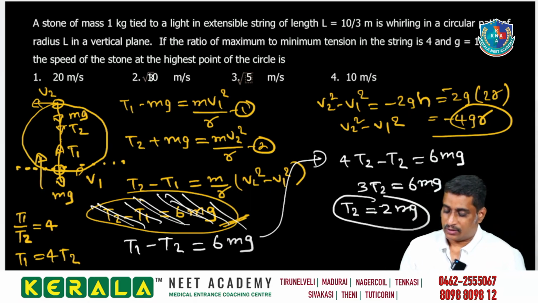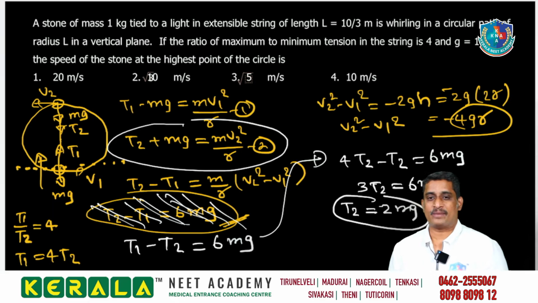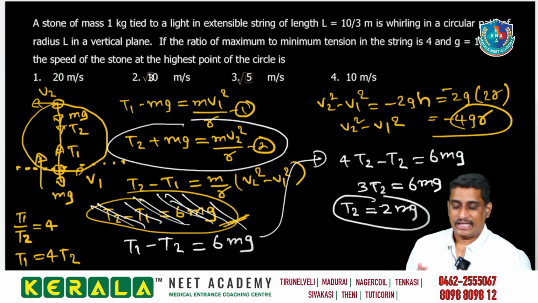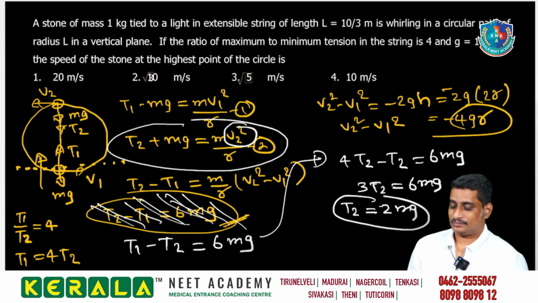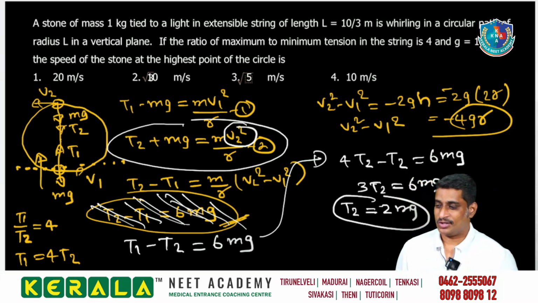For T2 we already have one equation: T2 plus mg is equal to m V2 square by r. In this case they are asking us to find V2, the velocity of the particle at the highest point.